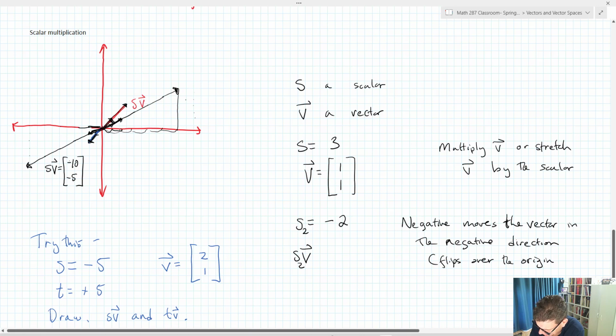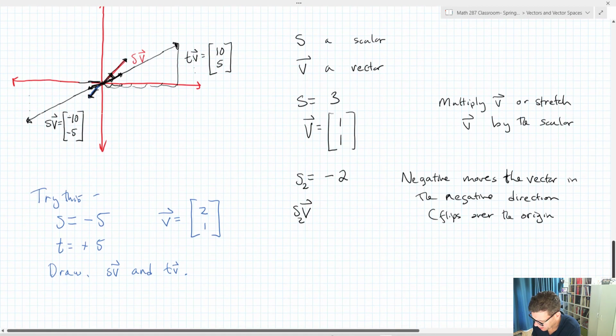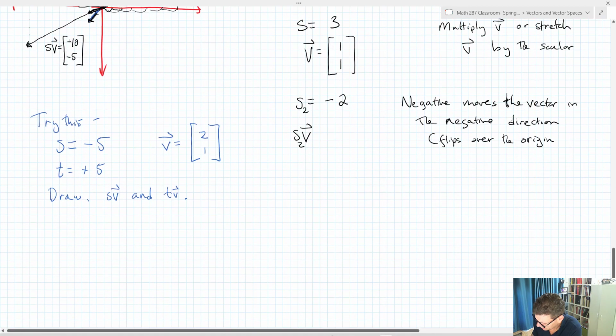And so this vector, now TV, is equal to 5, or excuse me, 10, 5. And there we go. Algebraically, this makes sense, right? So if I take -5 and I multiply it by 2, 1, what I get is negative 10, negative 5.